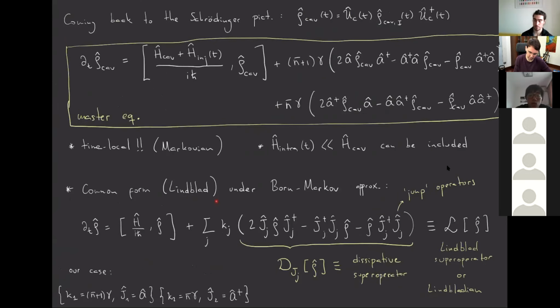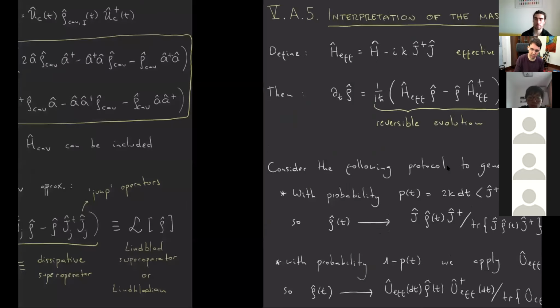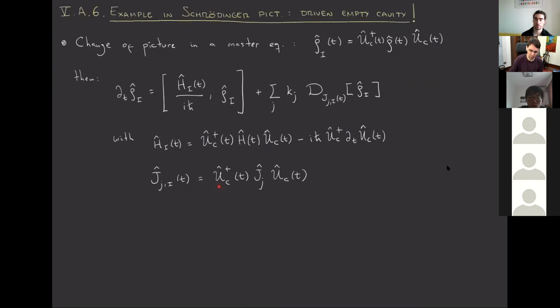So this form in here, just replacing the Hamiltonian by the Hamiltonian in the new picture, and replacing the jump operators by the jump operators transformed through the changing operation. Okay? So this is the first thing I want to tell you just about changing picture in a master equation.